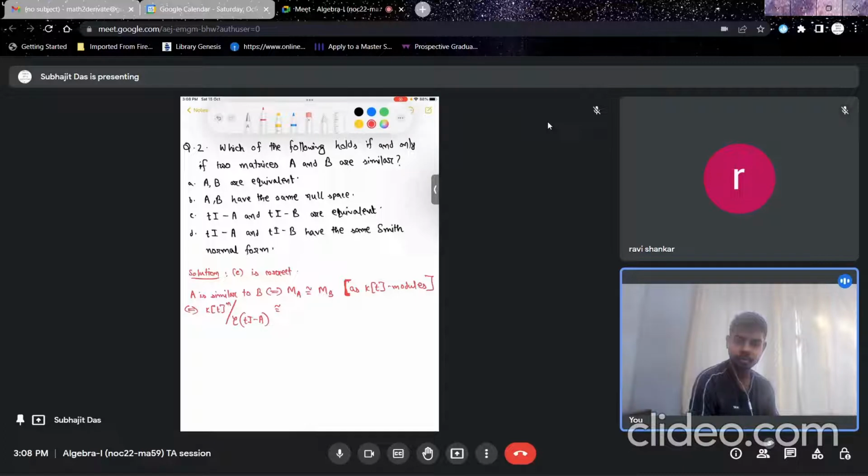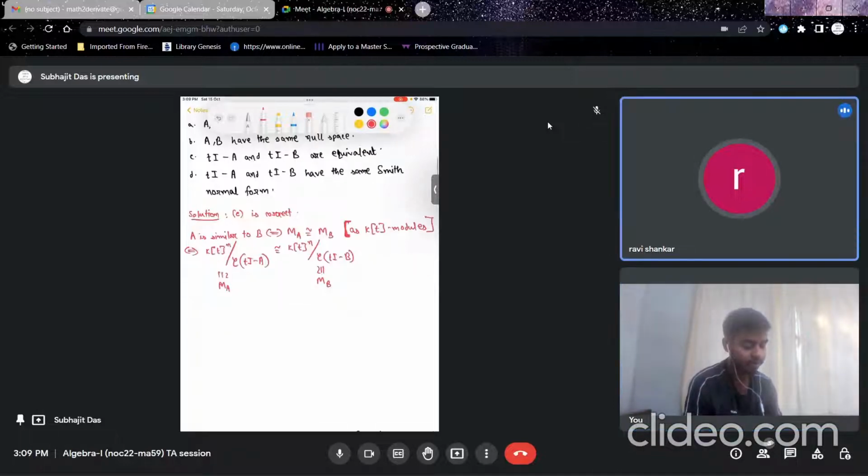So this is isomorphic to KT power n modulo the column space of Ti minus B, which is MB.